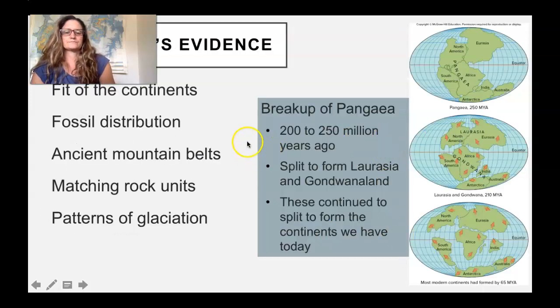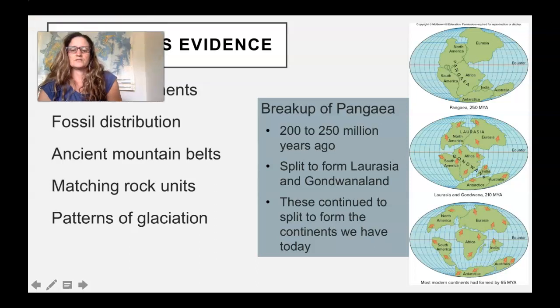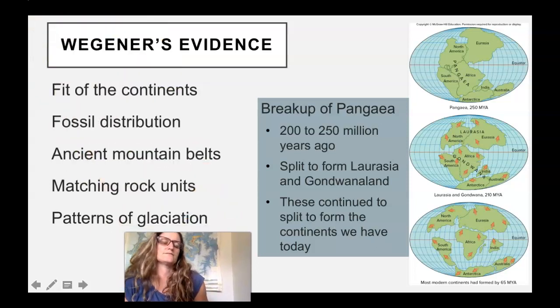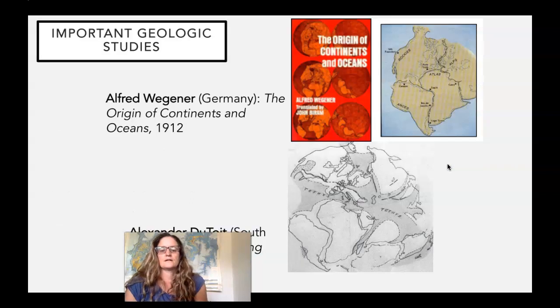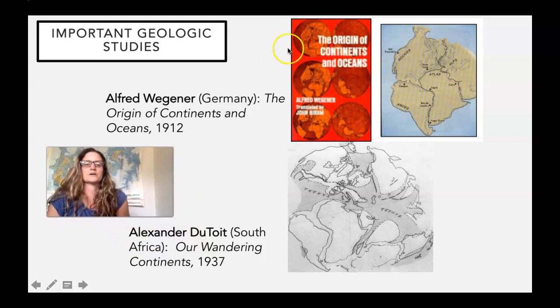All right. So Pangaea was the supercontinent that fit together like a puzzle, and it split into Laurasia and Gondwana, and then continued. Our ocean basins expand, and that gives the continent configuration that we have today. He published The Origin of Continents and Oceans in 1912 and had these sketches.